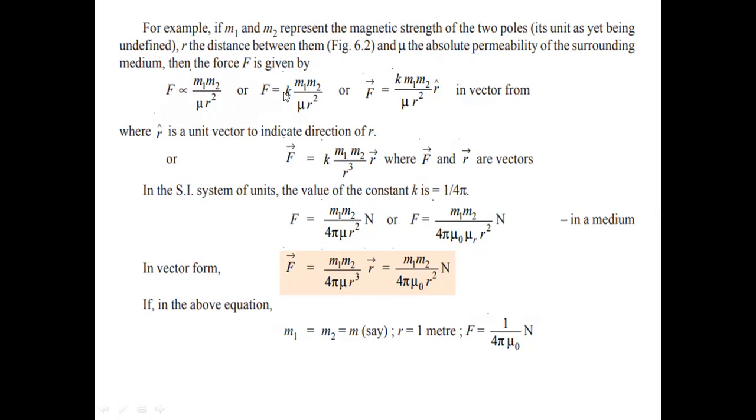So we get F equals K into M1 M2 by mu into R square. K is the proportionality constant.